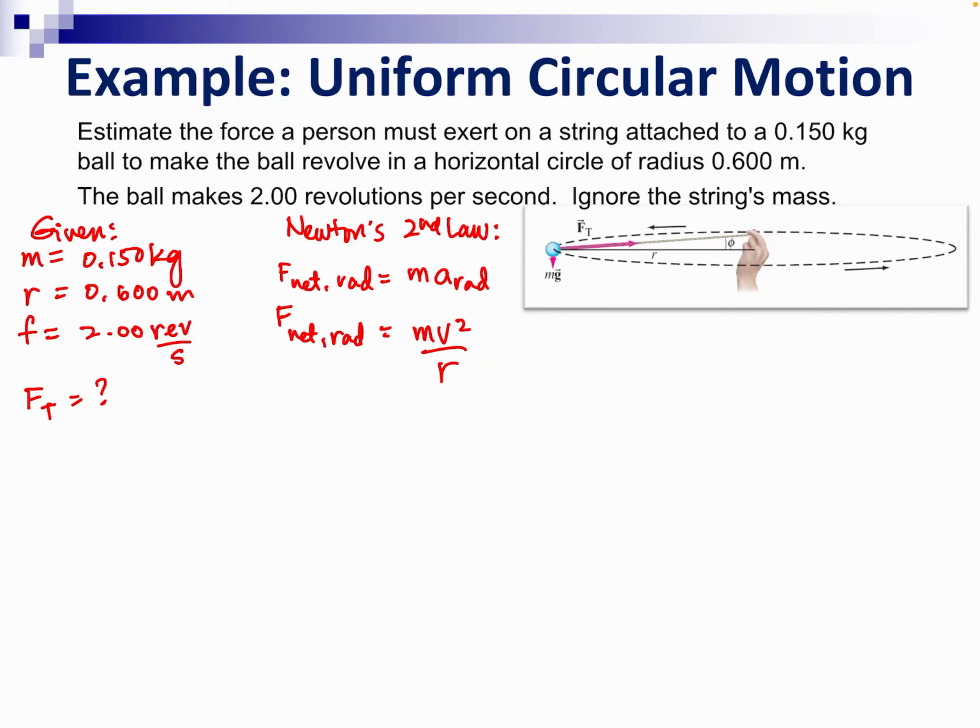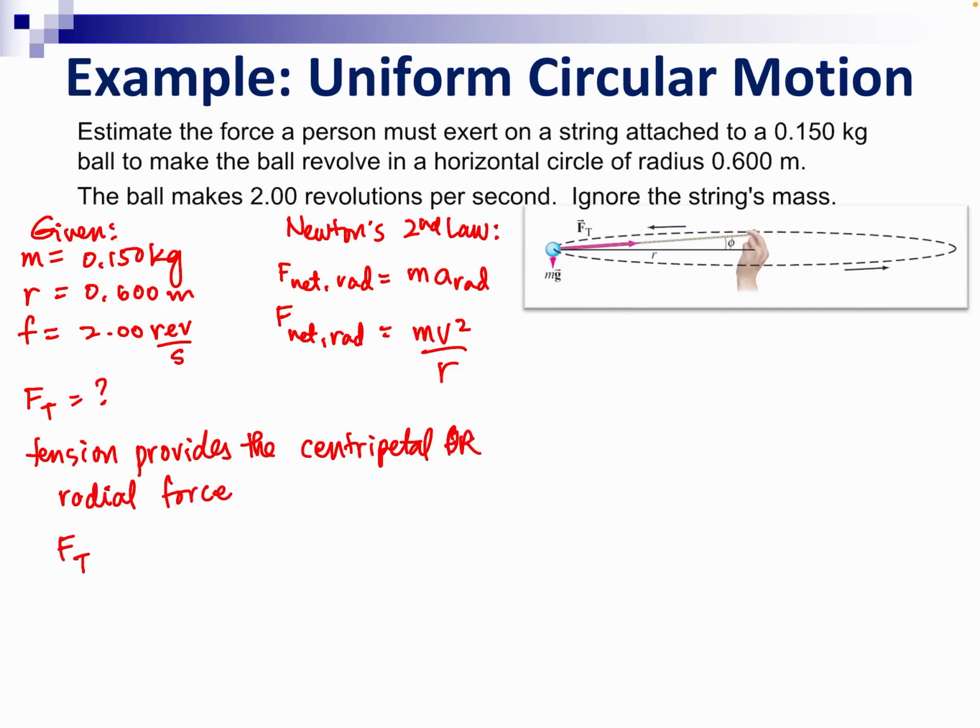If we look at the diagram, the tension on the string is the radial force that causes the object to go in the circular fashion. So this radial acceleration is provided by the tension force. Tension provides the centripetal force, or radial force.